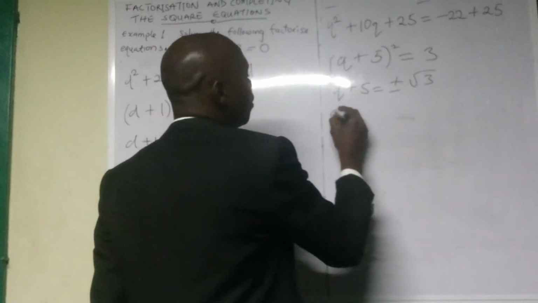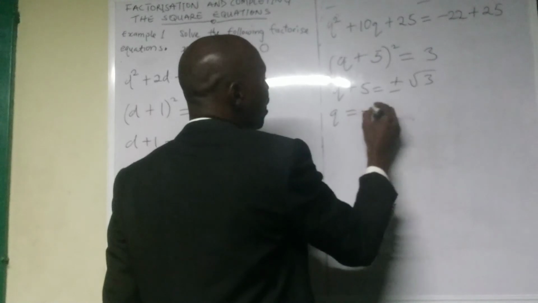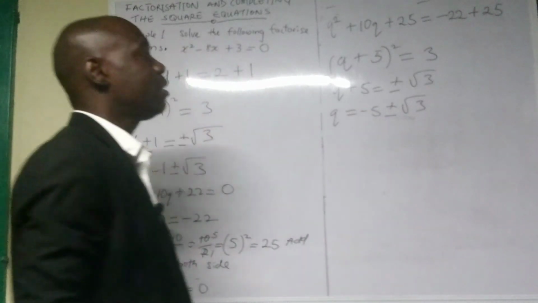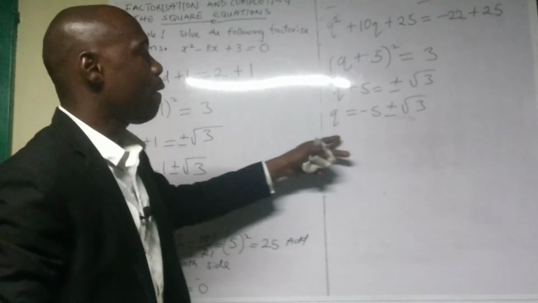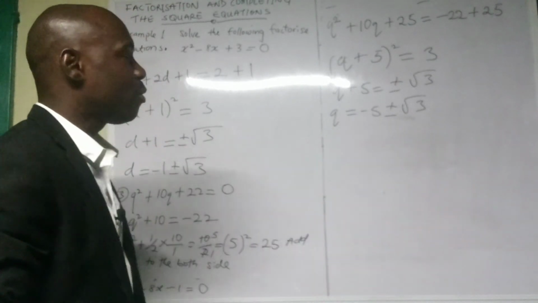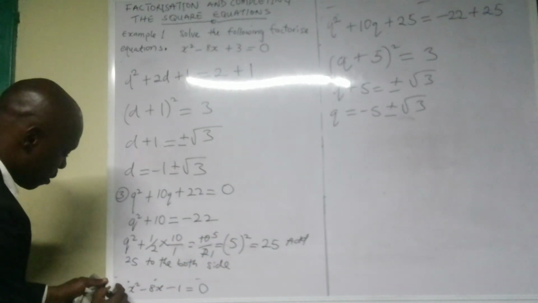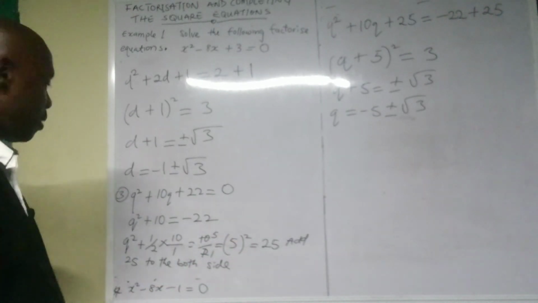Then from here now, q equals minus 5 plus or minus root 3. Like we said, this thing cannot go further. We cannot get this in. It's under non-rational equation.